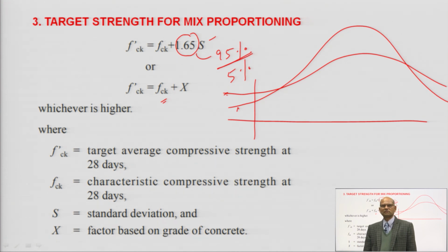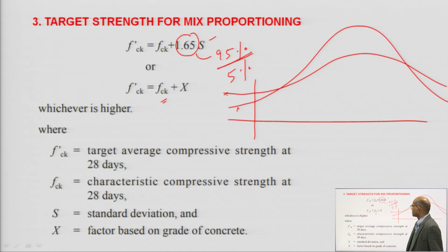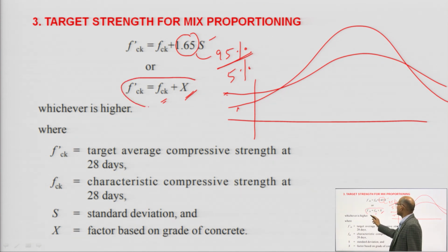Once you want to establish the standard deviation, we must get about 30 cubes of size 150 by 150 by 150 tested at different lots, and the minimum value x you have to consider. This is the new addition with respect to the 2009 code. In the 2009 code, this expression was not there, which is the addition.